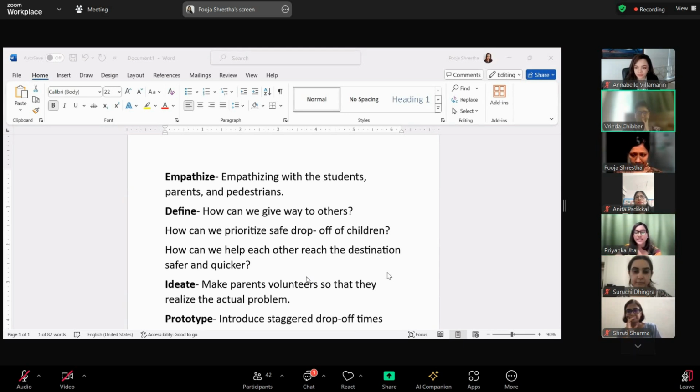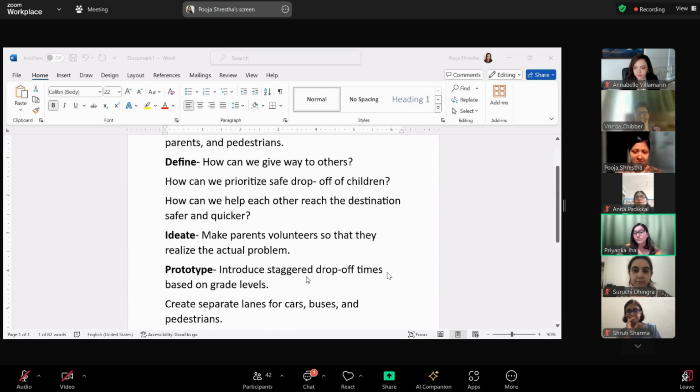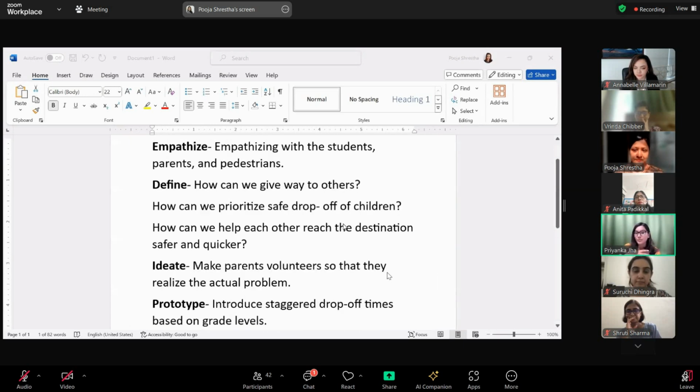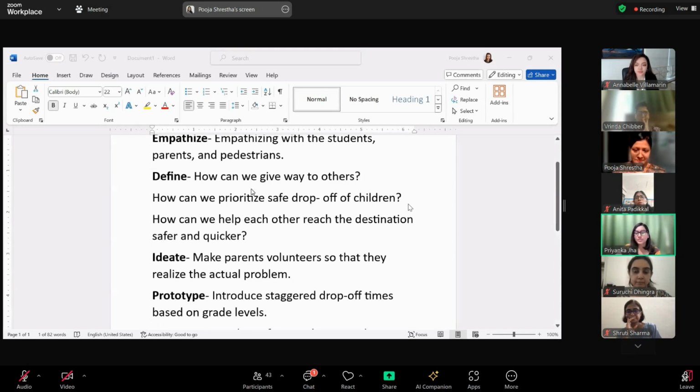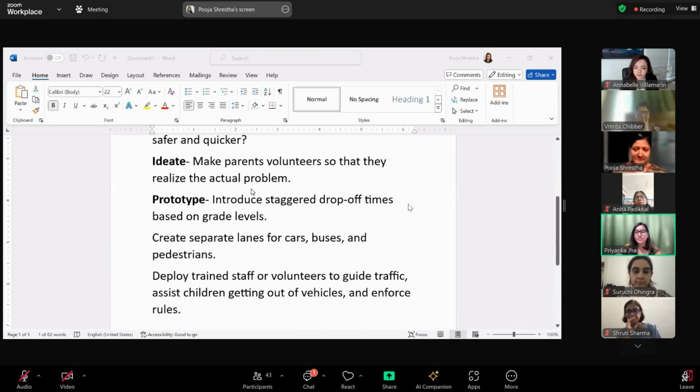And the ideation is to make parents also part of it, part of the problem, understanding the solution of it. And prototype is to introduce staggered drop off times based on grade levels. For diploma or the middle school students, we can keep it 7:30, and for other students, we can keep it 7:45. And for early years, we can keep it 7:50 or 8 o'clock. This way, we will be experiencing less traffic in that area.